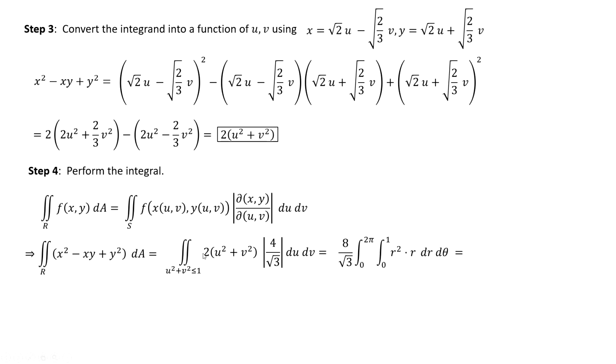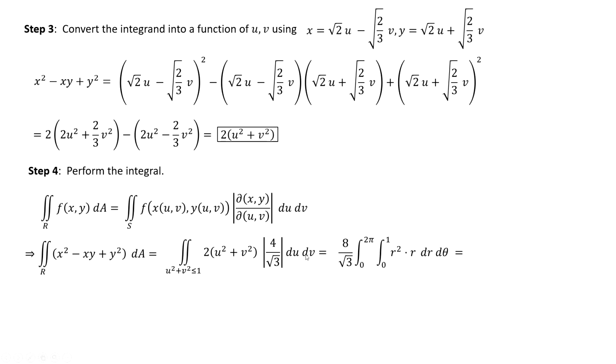And we have 2 times 4 over square root of 3 is 8 over square root of 3. I pulled that outside. For theta, we go from 0 to 2 pi because it's a full circle. And then the radius goes from 0 to 1. And u square plus v square is just r square.